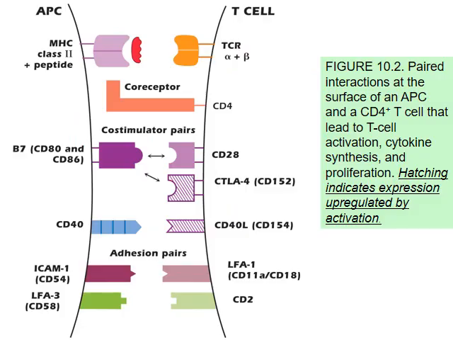So when you talk of paired interaction, you can see again, as I've been saying over and over again, B7 talks to CD28 to activate. CTLA4 puts a break on that. CD40 talks to CD40L, right? And this is important for class switching. And then there are adhesion molecules, and they are important in terms of the sequence.